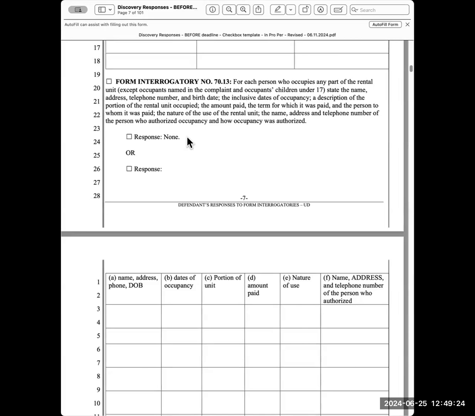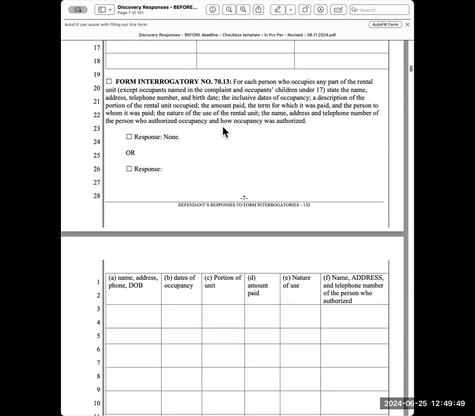Okay, this question is asking about roommates. It wants to know, are there people that are not named occupants in the complaint that live in the unit that potentially were authorized by the landlord or property manager or not?